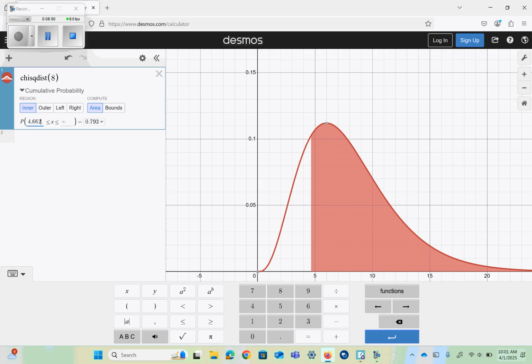This is a very high p-value, and we're usually testing against 0.05, right? Which tells us that the distribution we were seeing could easily occur by random chance. This p-value is greater than any reasonable value of alpha, so we fail to reject the null.